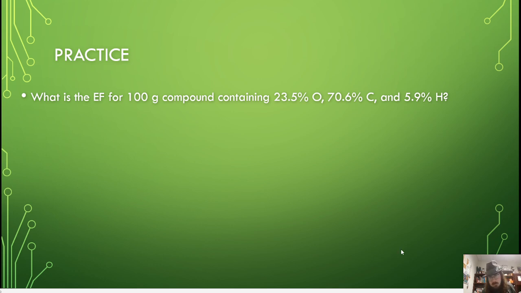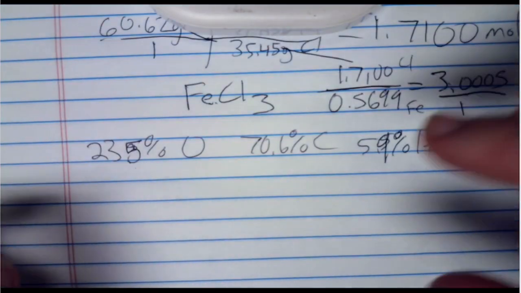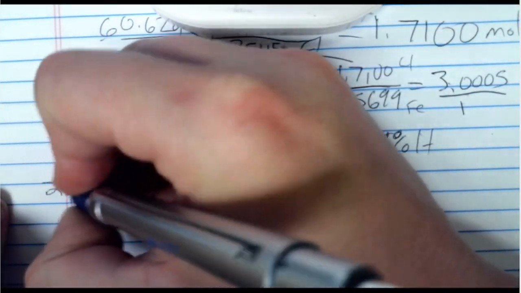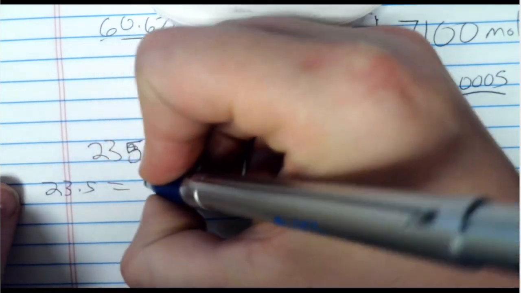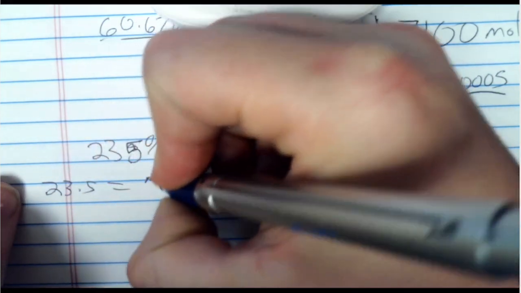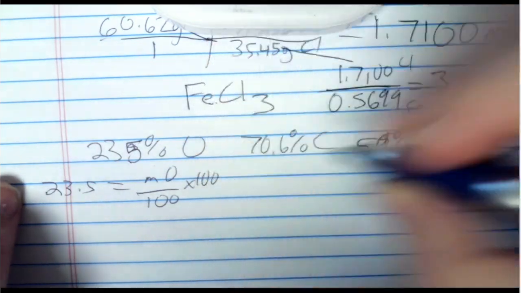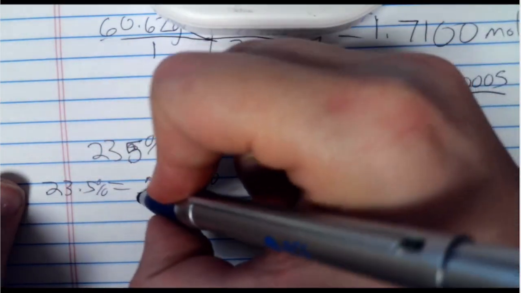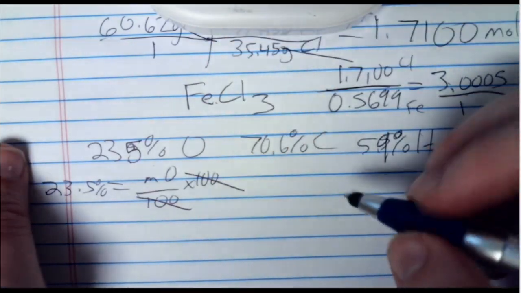And so we have to ask, okay, how do we do this? Well, there's 100 grams. 23.5 over 100 times 100, the 100 over 100 cancels out.